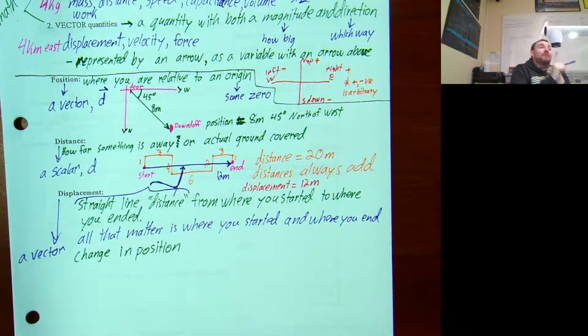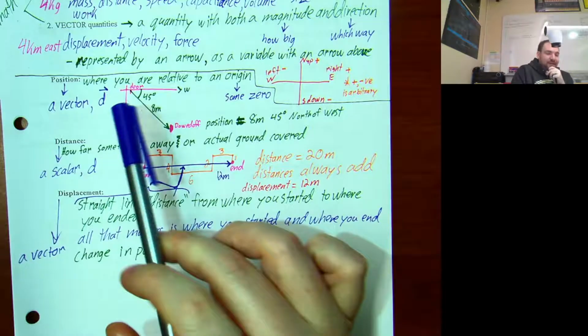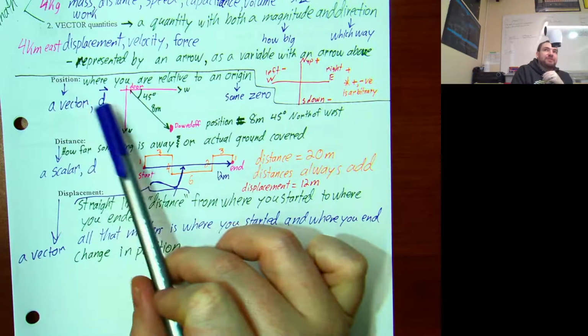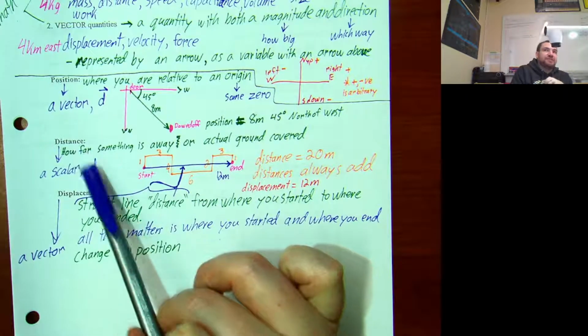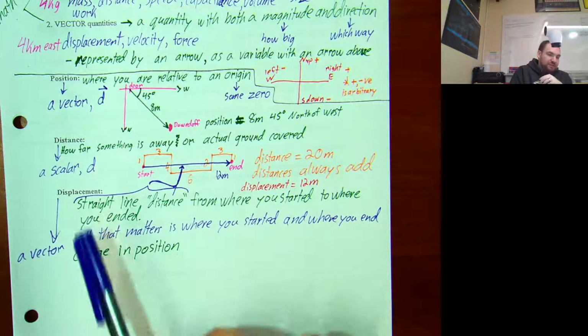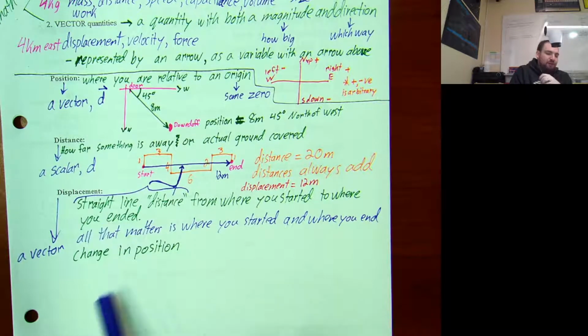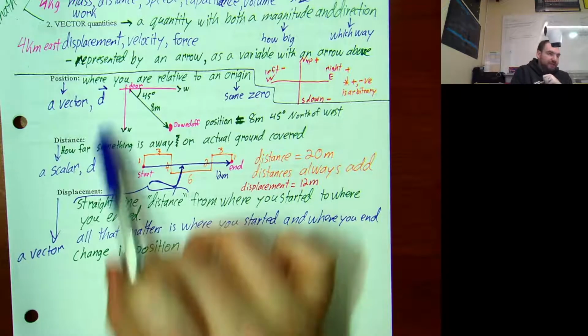No, I'm sorry. What I'm asking you is, can you give me something like this? Position was D with an arrow. Distance was just D, no vector symbol. Is there something that you can give me to represent the change in a position as a variable?